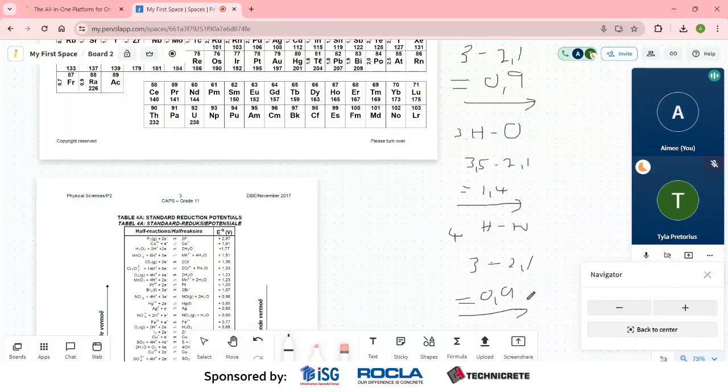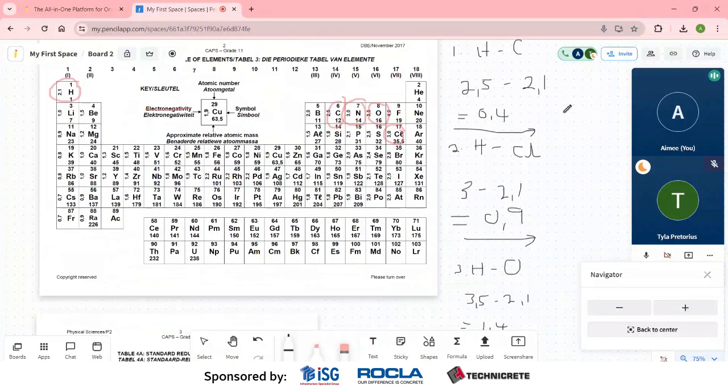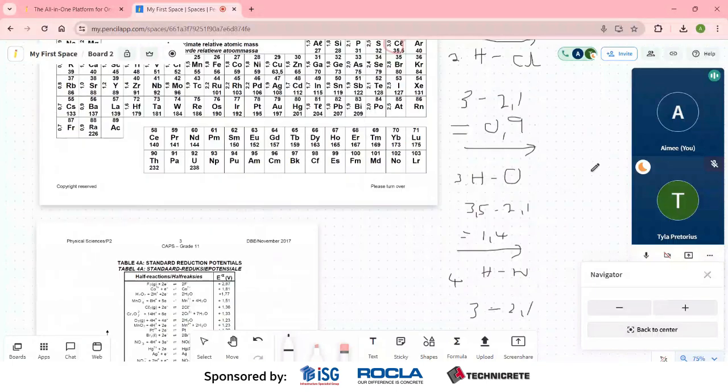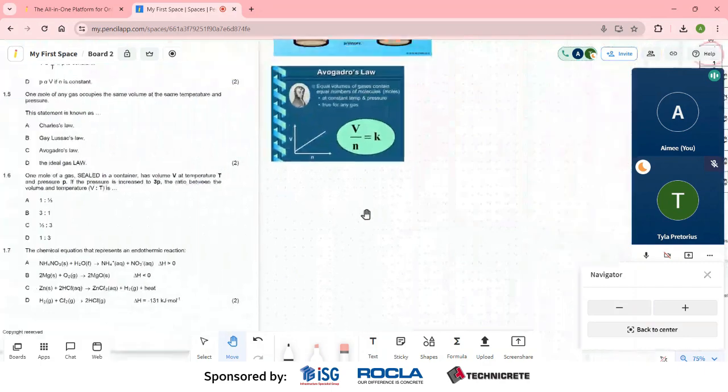And now to determine which one has the highest polarity, we find which one has the largest difference. 0.4 is definitely not the largest. 0.9 is not the largest. Another 0.9, which means this has to be our answer. And our answer of highest polarity goes to hydrogen bonded with oxygen, which is giving me a difference of 1.4. That's my largest difference.